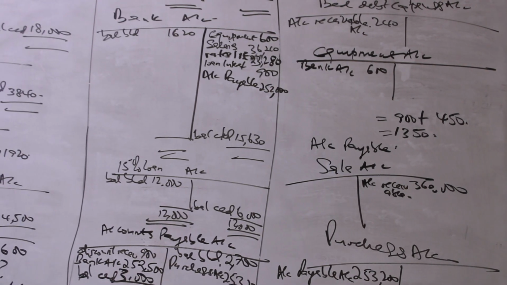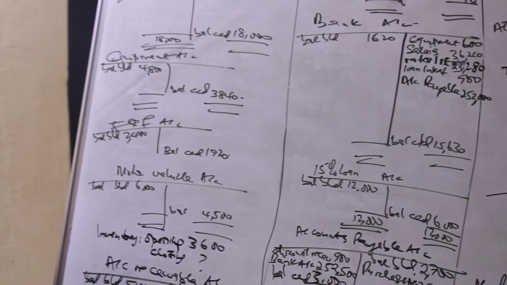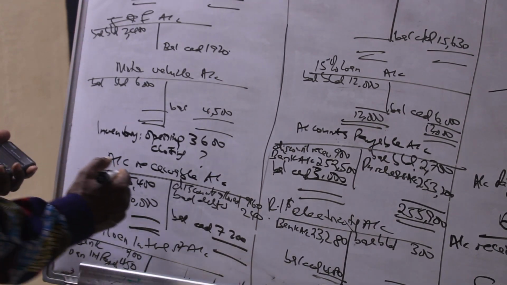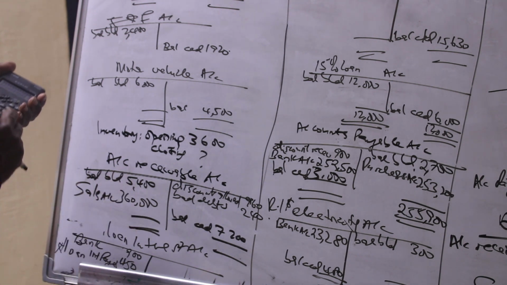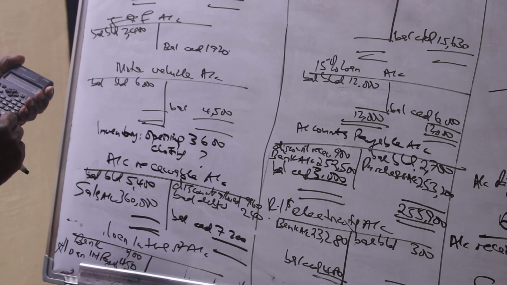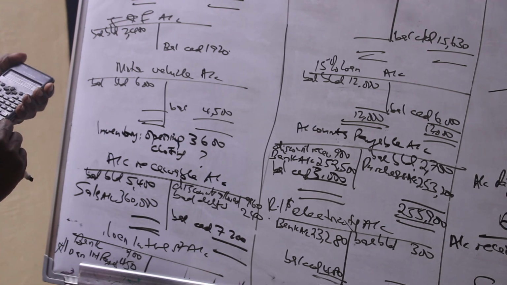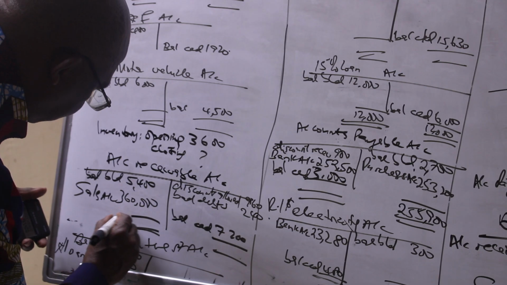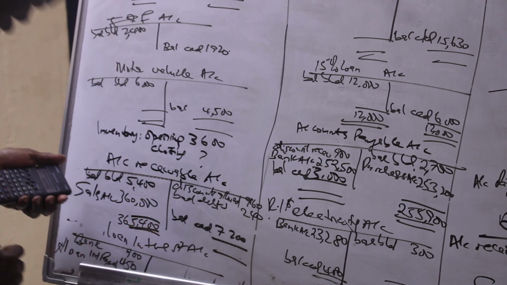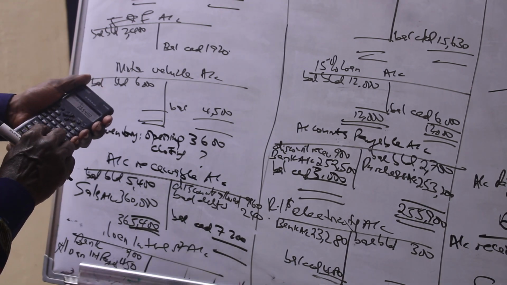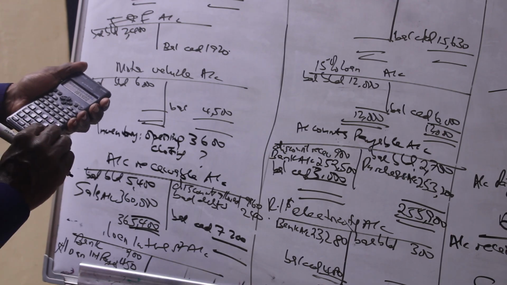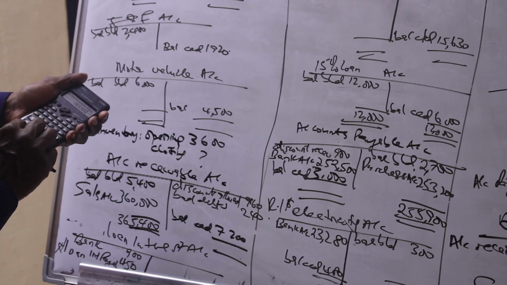Then we do the same for accounts receivable. We say the total accounts receivable is 360,000 plus 5,400. We get 365,400, minus 960 discount, minus bad debt of 240, minus the balance of 7,200.